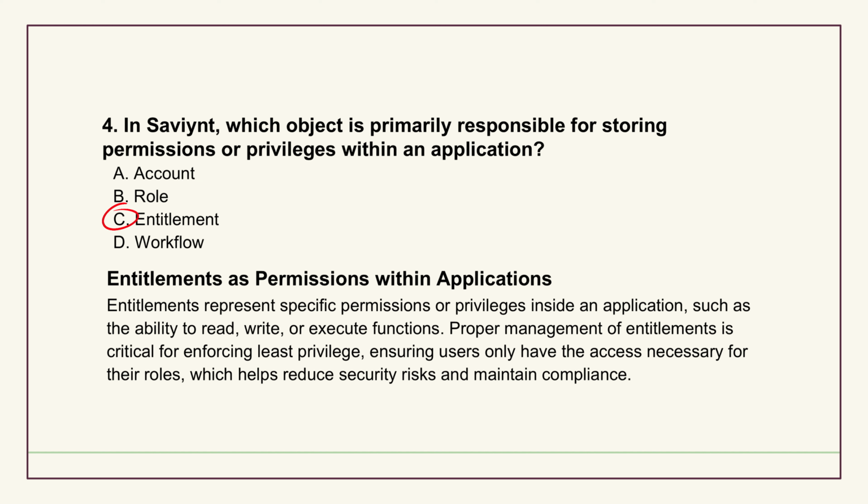So this could be anything from, say, read access on a specific document or write access to a particular database table, or maybe the ability to execute a certain function within some software. Understanding entitlements is just foundational, because they define exactly what actions a user can perform on a resource. The flip side, though, if you don't manage them carefully, organizations can quickly run into entitlement sprawl.